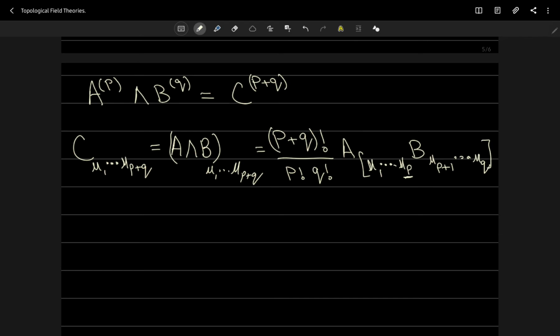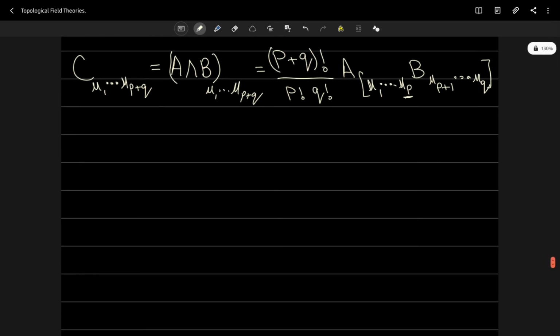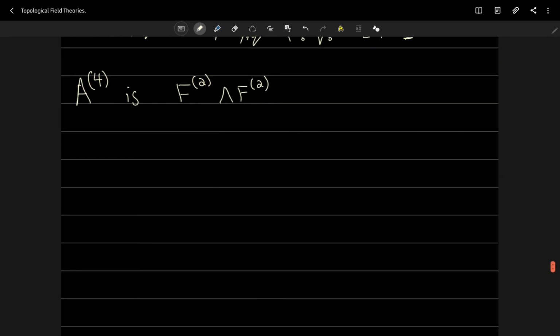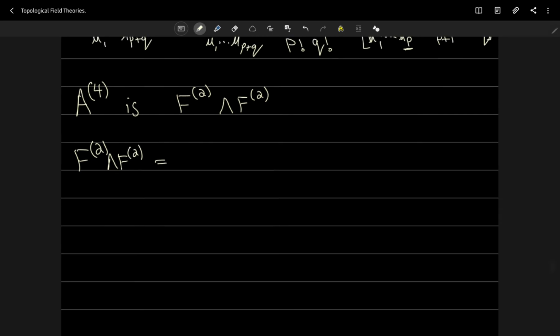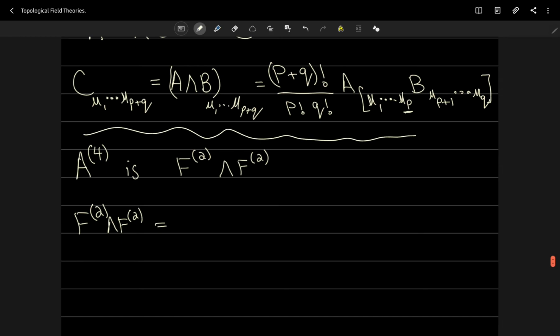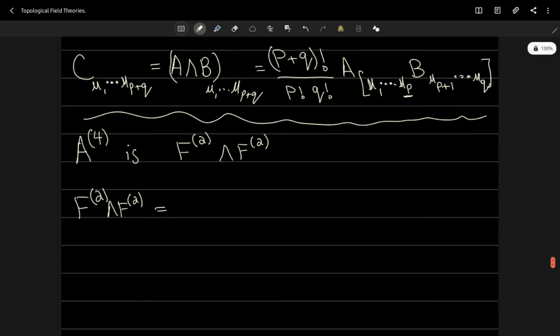Okay, so now we have one option for a four form, this one, and that is simply, if you were to do this thing, take a wedge product of a two form like this, right? And so let's go ahead and do that. Using this whole formula for the wedge product, what would we have?